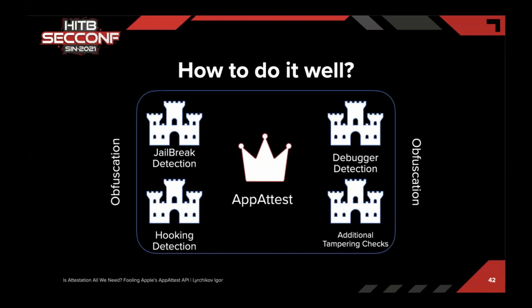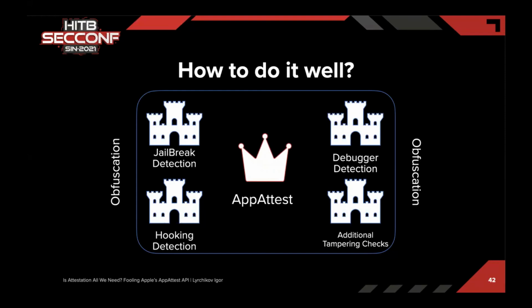So as we just discussed, AppAttest won't help you to identify if a device is jailbroken or not. Which means you have to implement jailbreak detection, and it has to be on the client side, which, as you remember, could sometimes be easily tampered with.